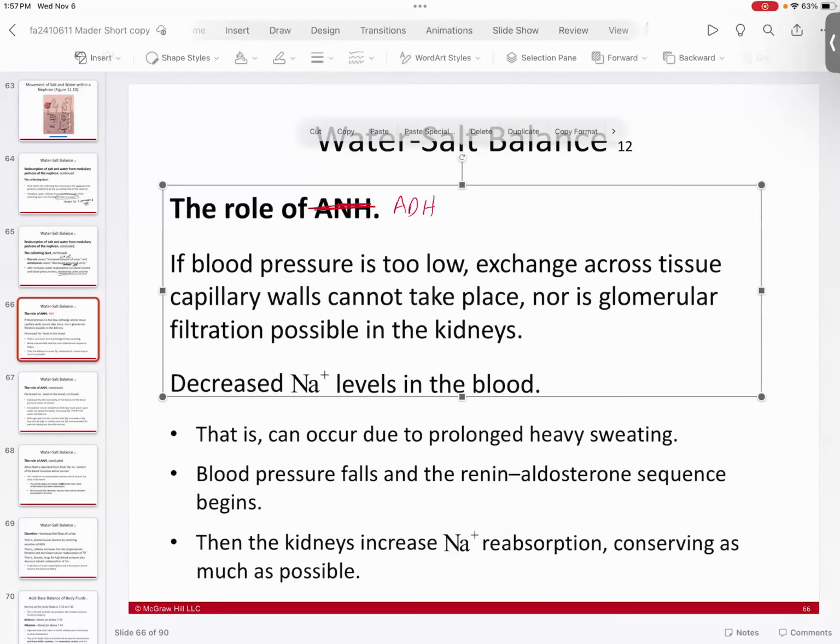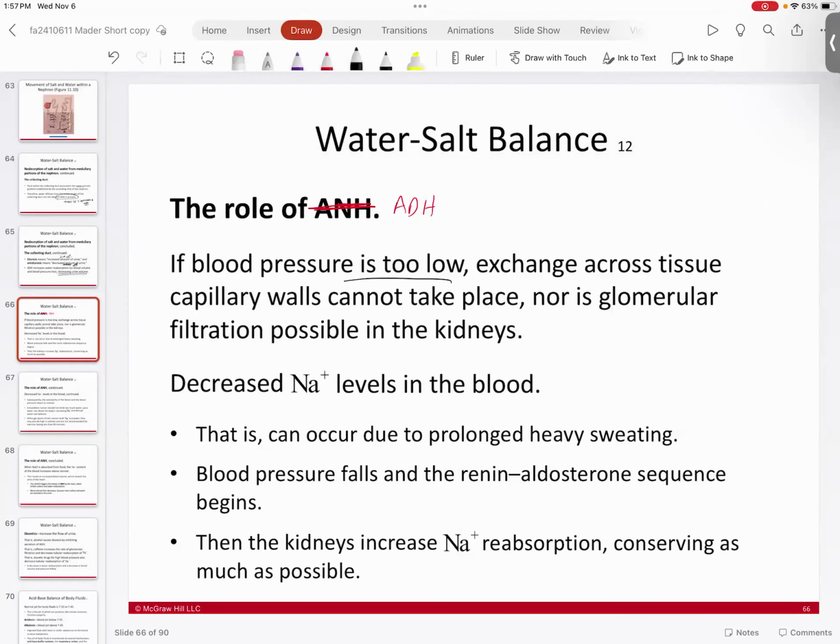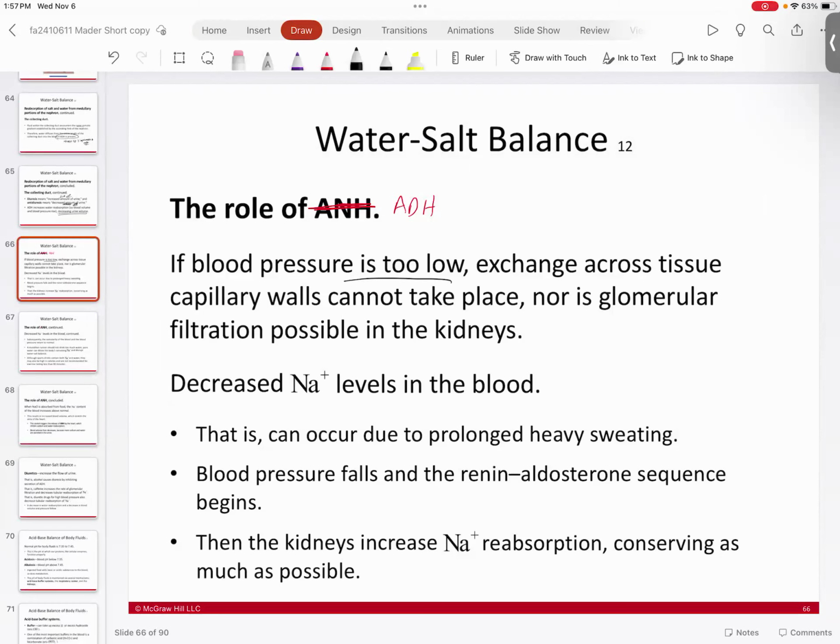Because ANH is not low blood pressure, it's high blood pressure. Where we just talked about ANH, basically, ANH stimulates the dumping of sodium and the loss of water to reduce blood volume and blood pressure. So it's a high blood pressure response, not a low blood pressure response. A low blood pressure response is ADH.